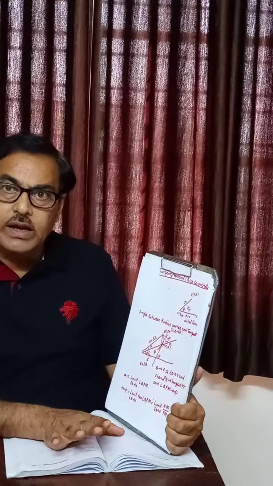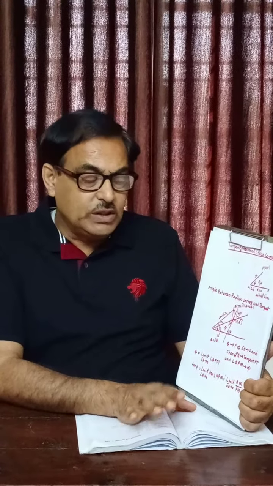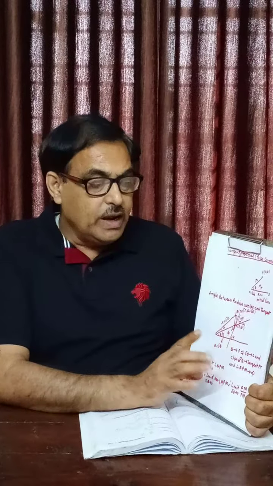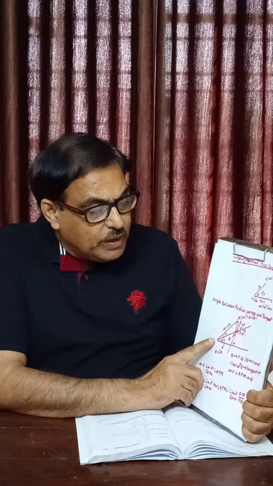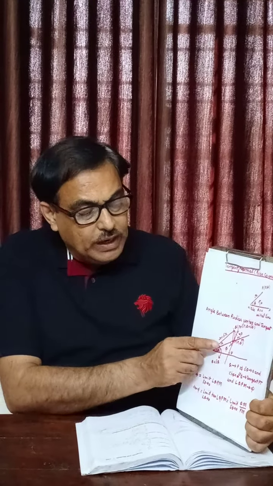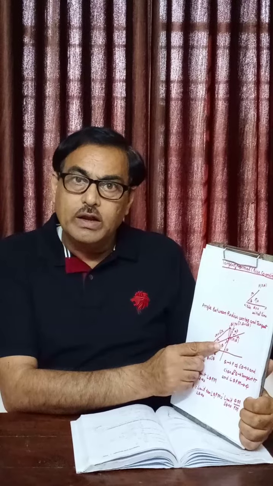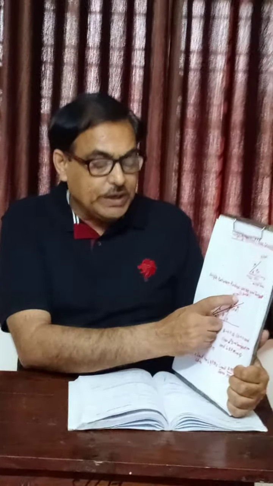The angle psi is the angle which the tangent at any point P makes with the initial line. And the angle between radius vector OP and the tangent is denoted by phi, which we have to find out. So phi is the angle between OP and the tangent PA or PT.